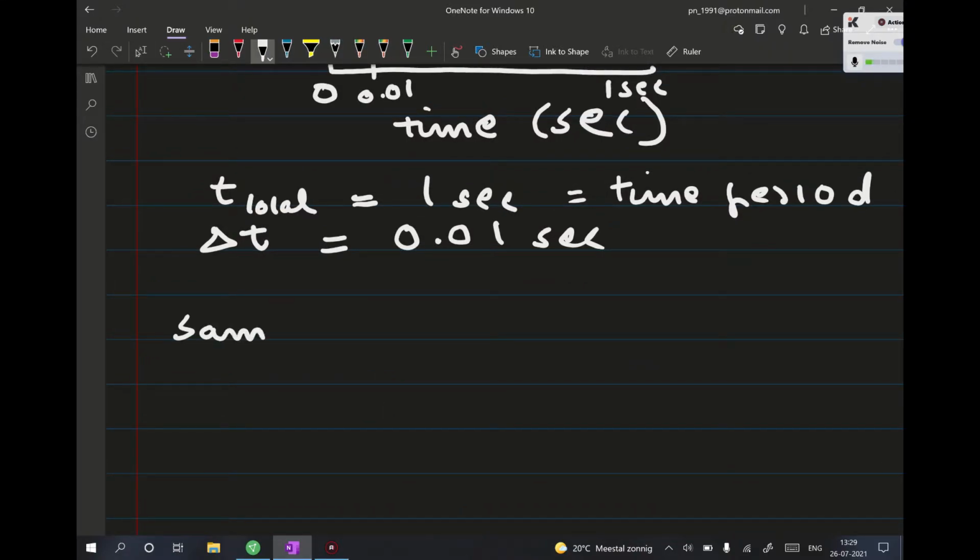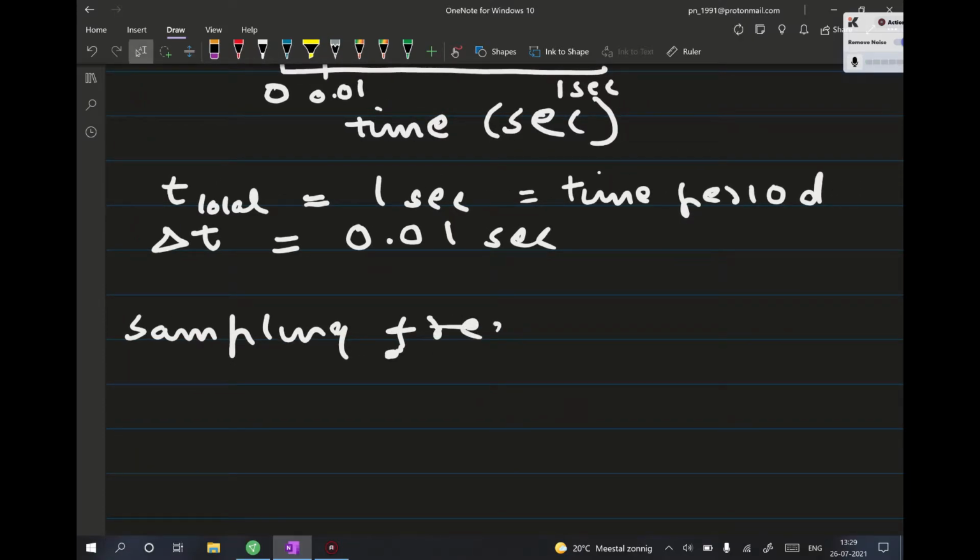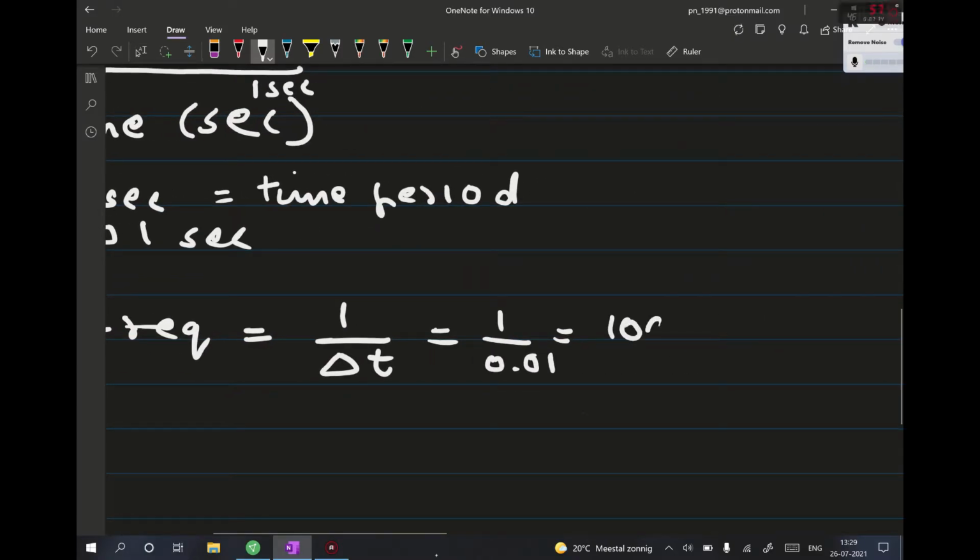So sampling frequency is nothing but 1 by delta t. For this case, it is 1 by 0.01, and it will come to around 100 Hertz.